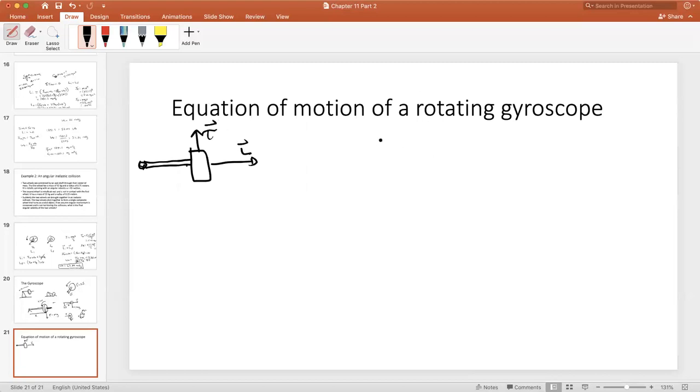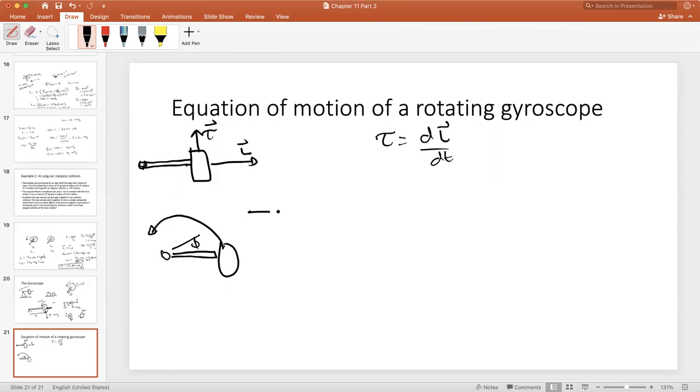Now remember that we said that the torque was equal to the change in angular momentum with time. So what happens is this torque, due to gravity, causes the whole apparatus to rotate around, or what we call to precess, okay? The whole thing rotates.